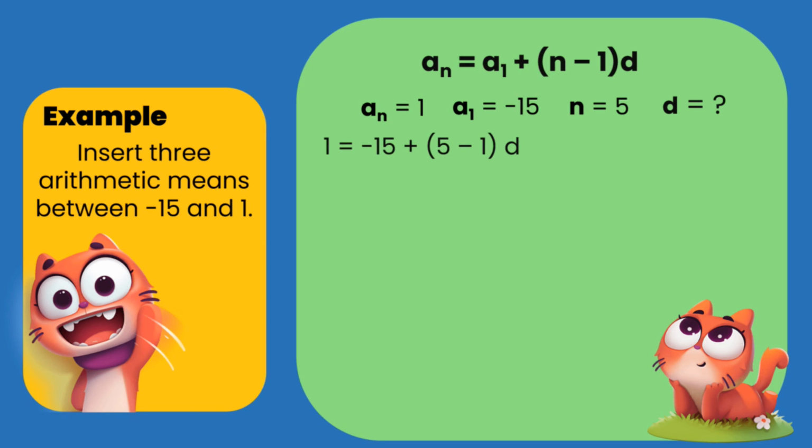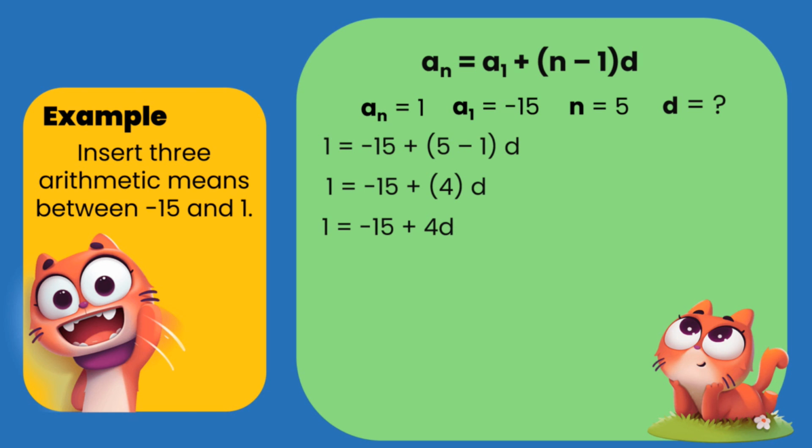After getting all the values, we have 1 is equal to -15 plus the quantity of 5 minus 1 times d. By the PEMDAS rule, we need to solve first the numbers inside the parentheses. Therefore, 5 minus 1 gives us +4. 4 times d, we have 1 is equal to -15 plus 4d.